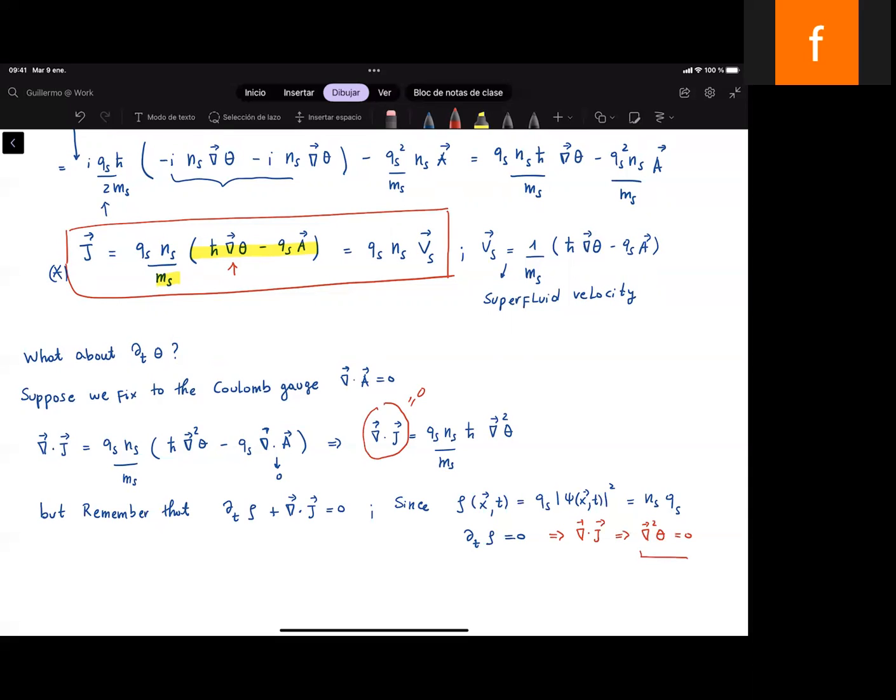So keep in mind that we choose this particular gauge: divergence of A equal to 0 implies that the phase satisfies this Laplace equation.